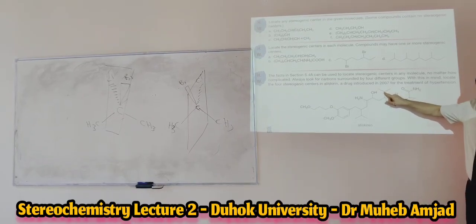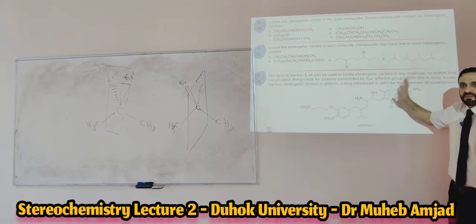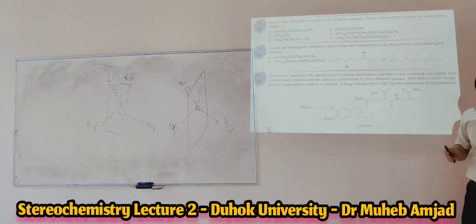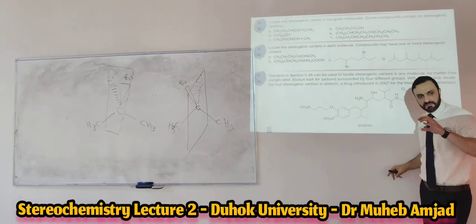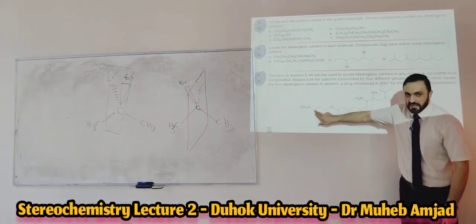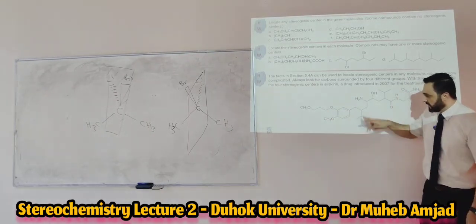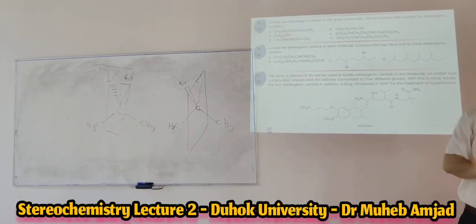But this CH, you have to think. It has 4 different groups: hydrogen, and this group, and this CH3, the same, so that is not a stereogenic center, and like that. Okay? So always, CH2 and CH3 can be ignored directly from your selection.